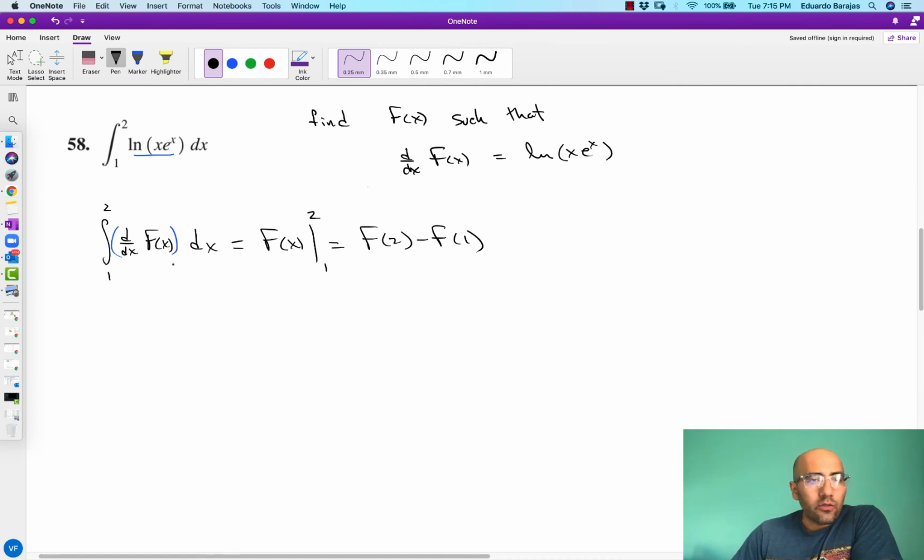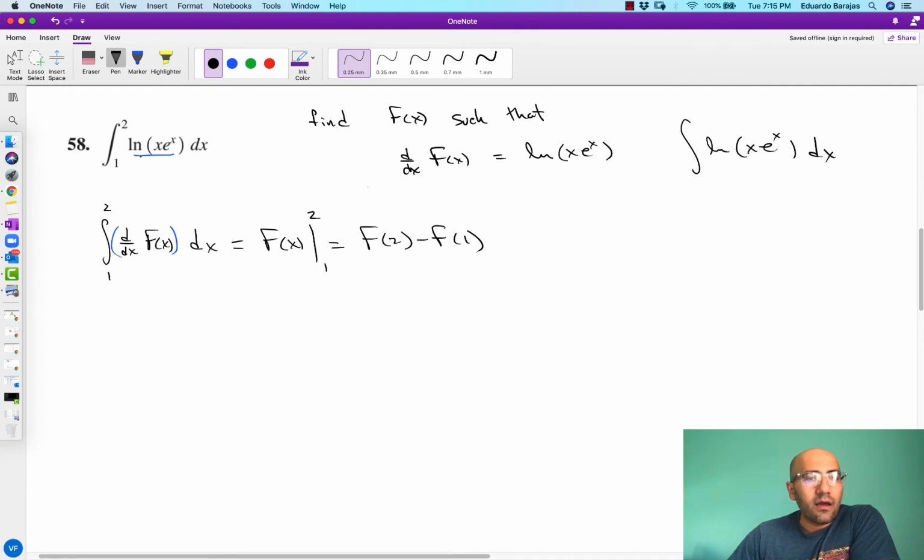Okay, so our goal then is going to be to find that function, right? Find a function whose derivative equals this. Well, that's exactly what this notation refers to. Find the indefinite integral of ln of x e to the x dx, right? So that's the connection between these two. Here we interpreted this as an area question.